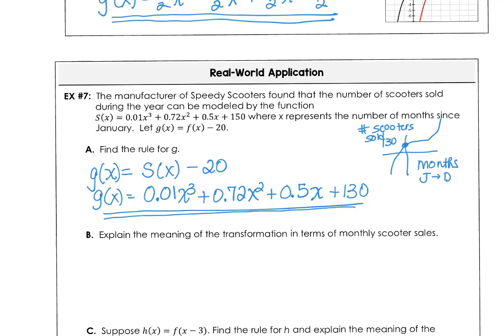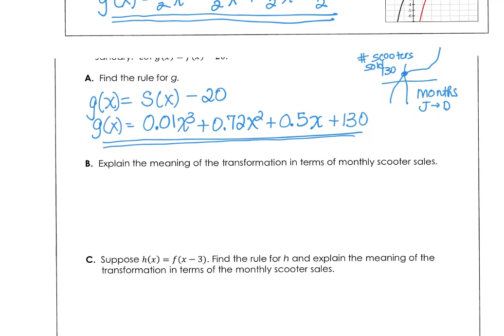in that year. So part B, explain the meaning of the transformation in terms of monthly scooter sales. So to me, if we have shifted 20 units down in our f of x or s of x minus 20, that's telling us that g of x is a translation 20 units down.